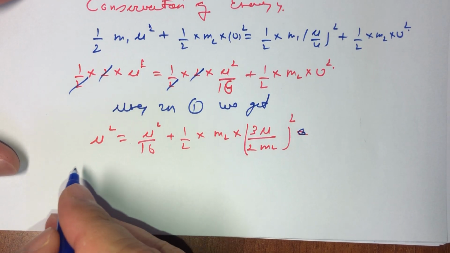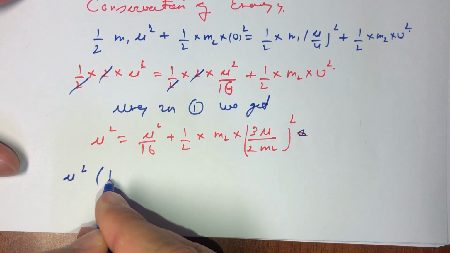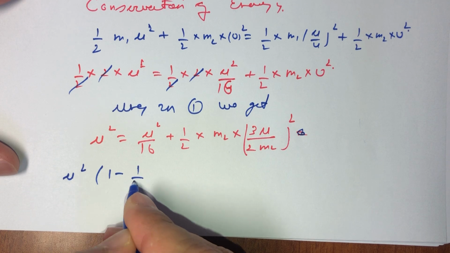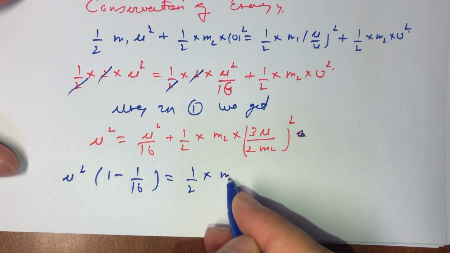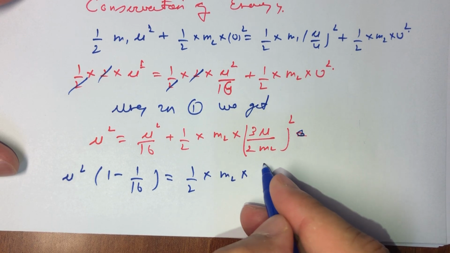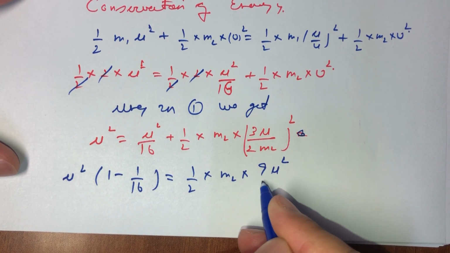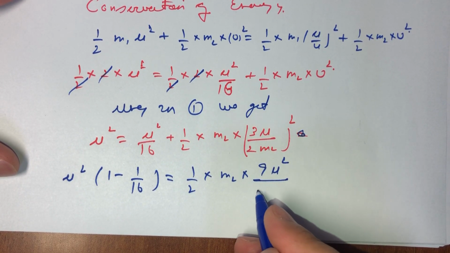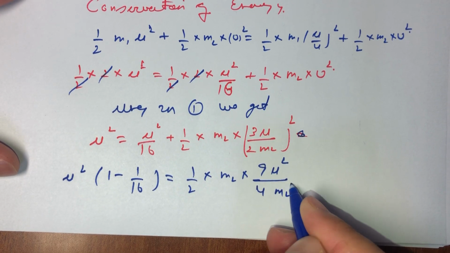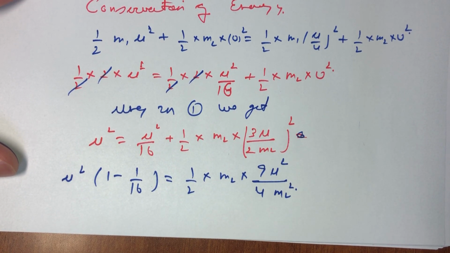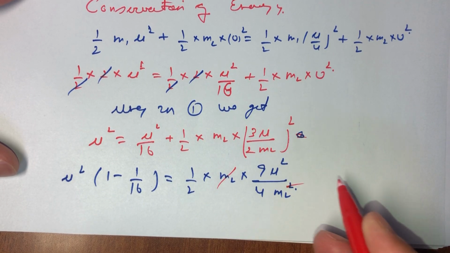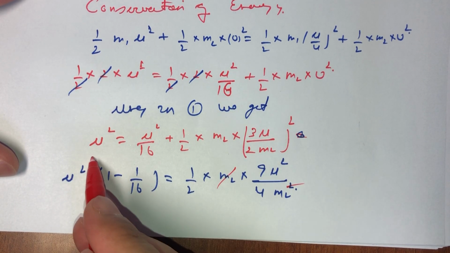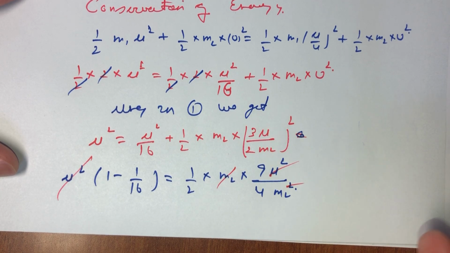We can combine the like terms, so this will be u square into 1 minus 1 upon 16 is equal to half m2 into 9 u square divided by 4 m2 square, and here m2 cancels out with this square and u square cancels out with u square.